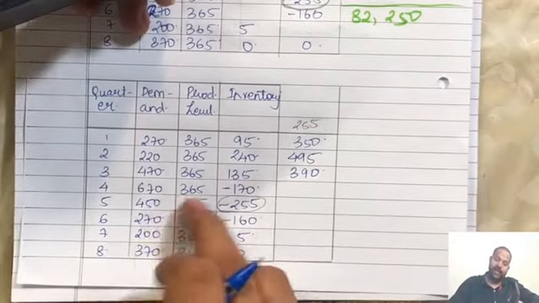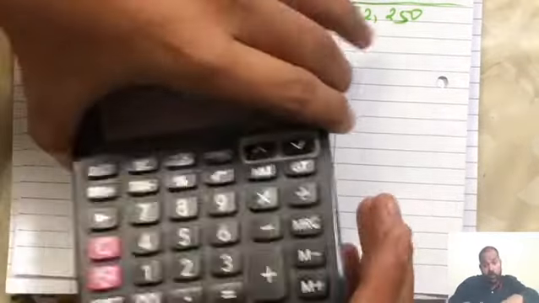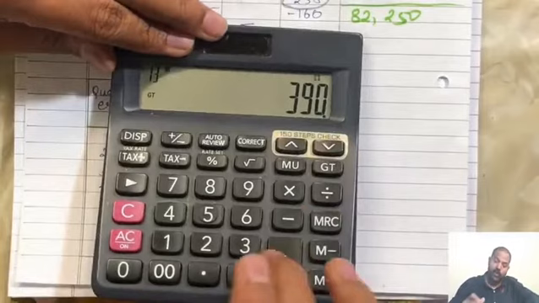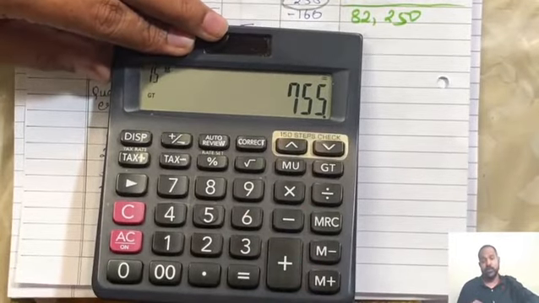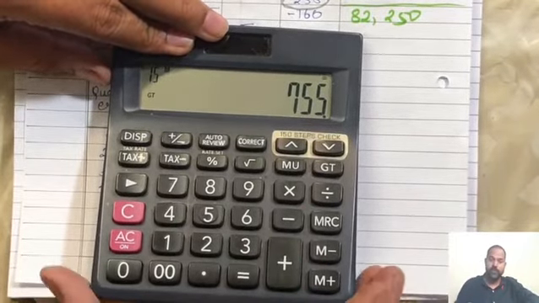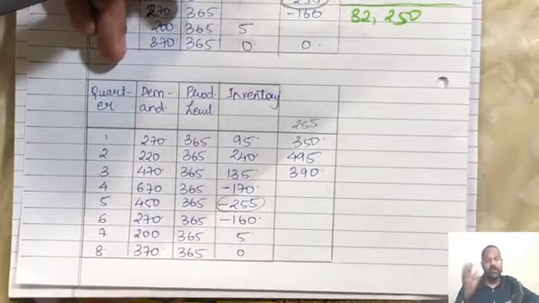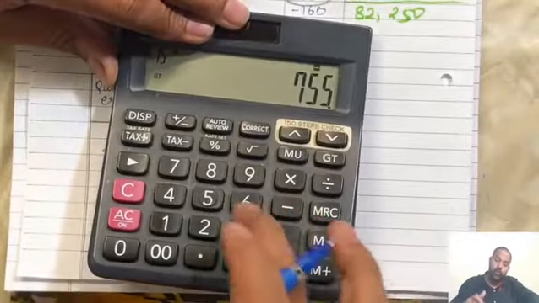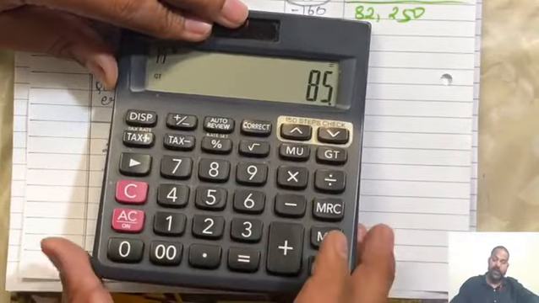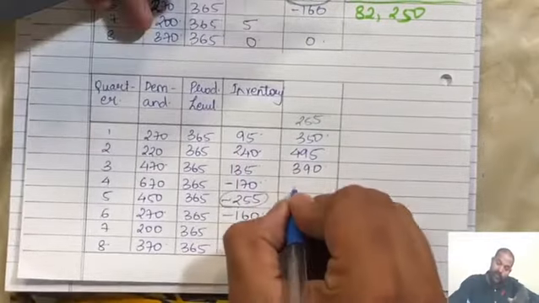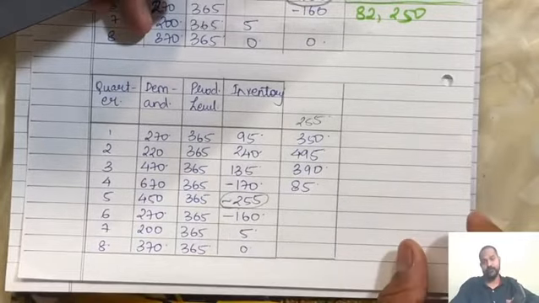Again, in the next period, I produce 365 along with the previous period's inventory, so 365 plus 390 is a total of 755 units with me. What I require is only 670. Remove the 670 from it and I am left with 85 units still with me.